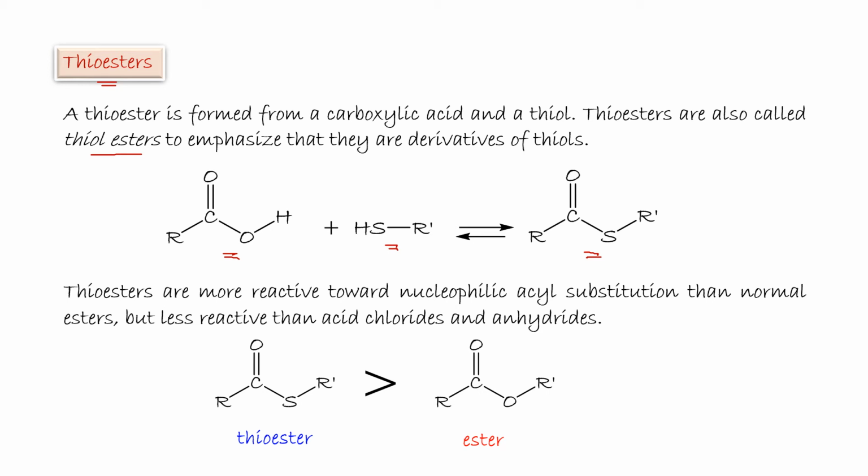Thioesters are more reactive toward nucleophilic acyl substitution, but less reactive than the acid chloride and anhydride. So a thioester is much faster than an ester in nucleophilic acyl substitution, which means that SR prime is a better leaving group. It will go faster.